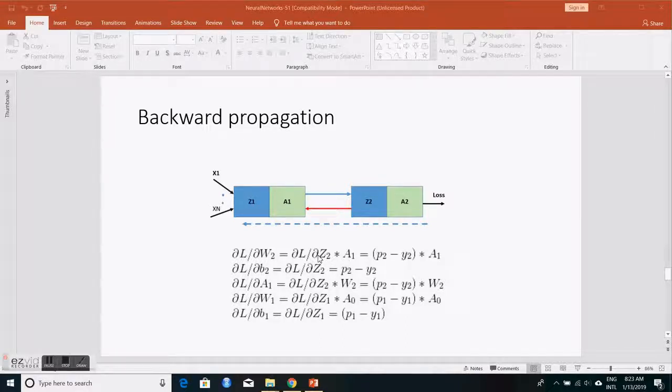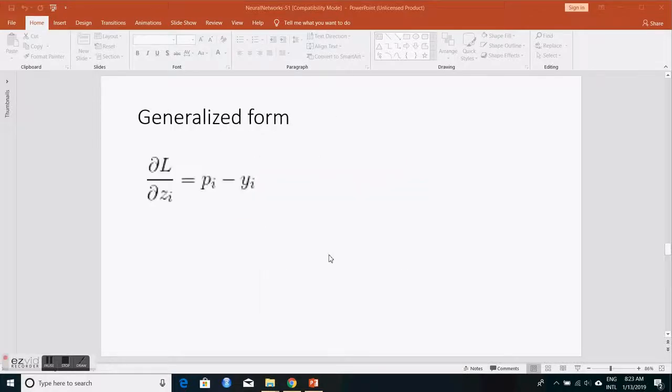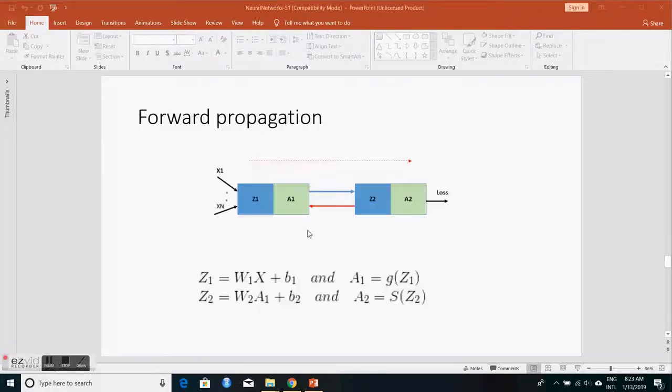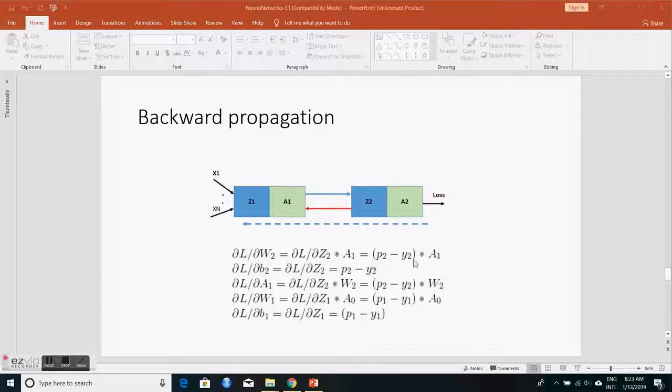And ∂L/∂Z2, as I said, we have already derived, has a general form of P2 minus Y2, so ∂L/∂W2 is P2 minus Y2 into A1, and ∂L/∂B2 is ∂L/∂Z2, which is P2 minus Y2. And ∂L/∂A1 is ∂L/∂Z2 into W2, which is P2 minus Y2 into W2.